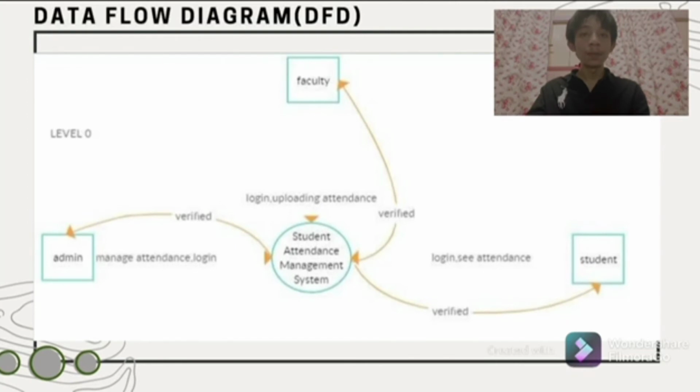If the email and password are true, the system will switch to the main page, where the system will ask the user to choose to fill in attendance or check student record. If the user finishes filling in the attendance, the data will be saved into the student database.